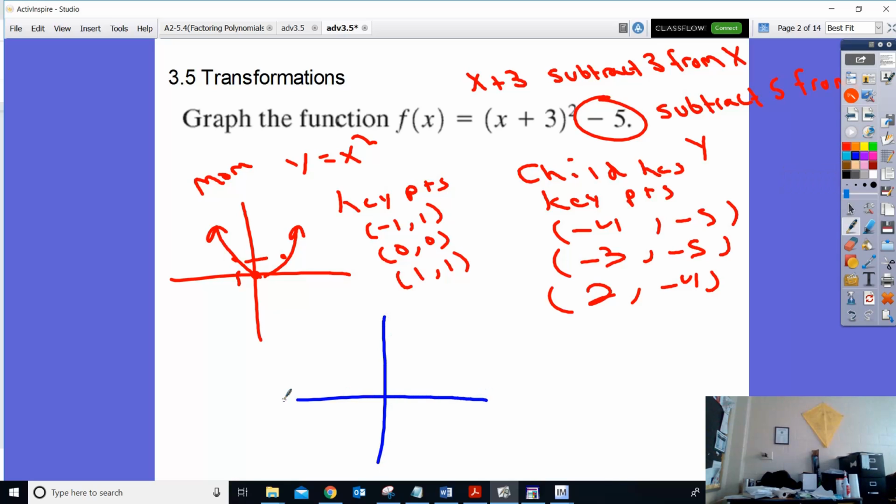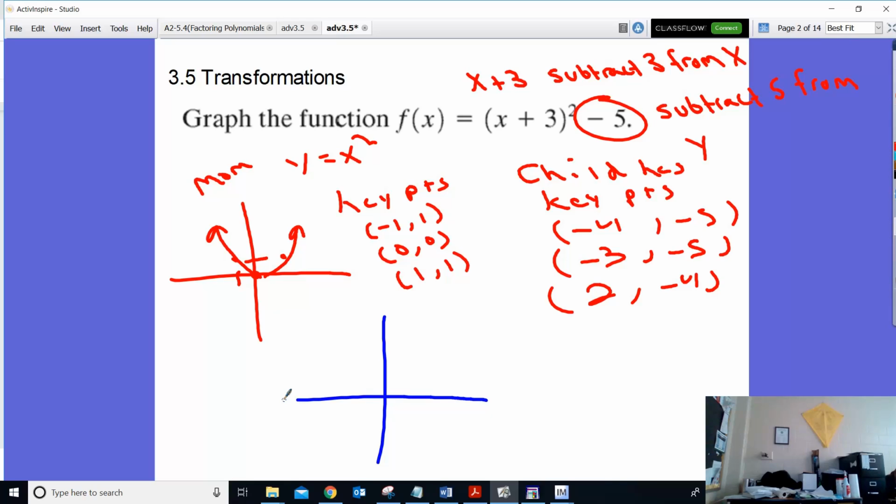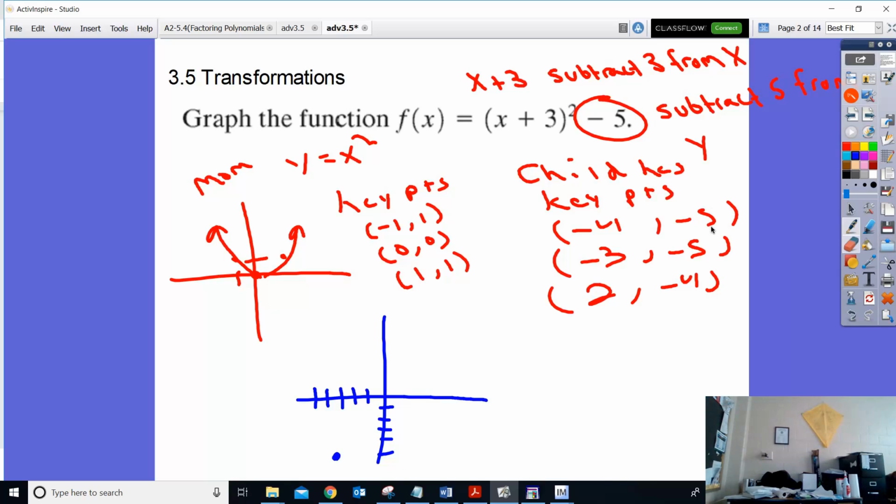Using the points is probably the way of best understanding, and it shows that you understand it in depth, but it's not the easiest way to do it, especially when you do lots and lots of transformations. Anyways, negative 4, negative 4.